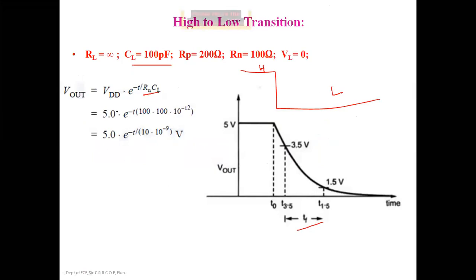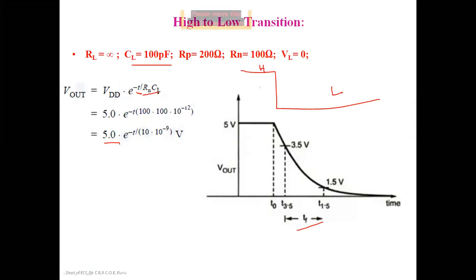Now by simplifying this equation, VDD is 5 volts, and the time we haven't determined yet. With the available values, VDD is a known value, 5 volts, and the resistance Rn is 100.